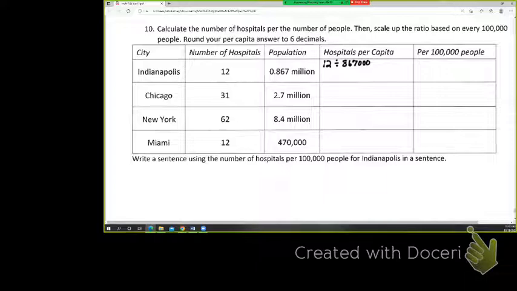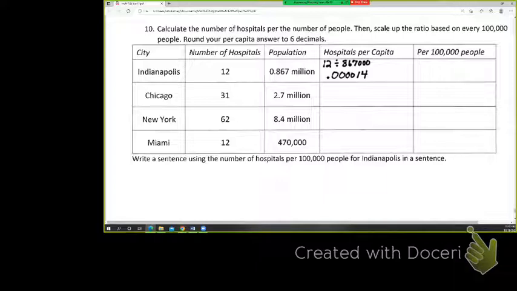And it says we're going to round our per capita to 6 decimal places. Now, we have 1, 2, 3, 4 of those decimal places that are zeros, correct? I'm sorry, I'm looking at the per 100,000.